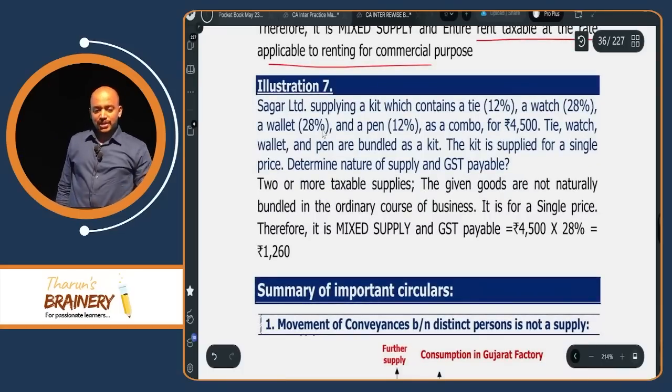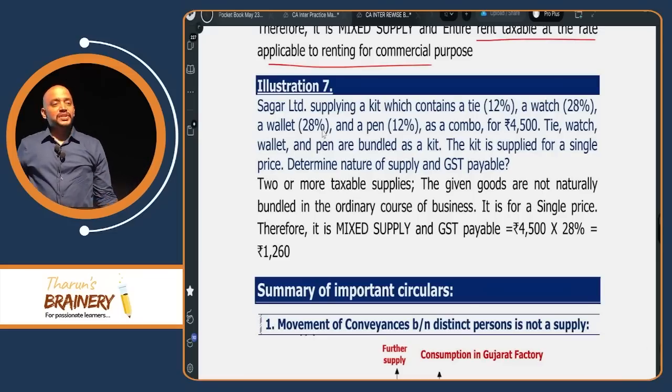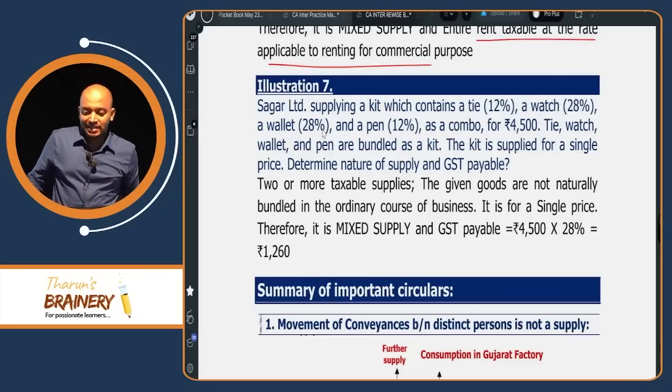Then illustration 7. Sagar Limited is supplying a kit which contains a tie at 12%, a watch at 28%, a wallet at 28% and a pen at 12% as a combo for 4,500 rupees. Now, tie, watch, wallet and pen are bundled as a kit. The kit is supplied for a single price.